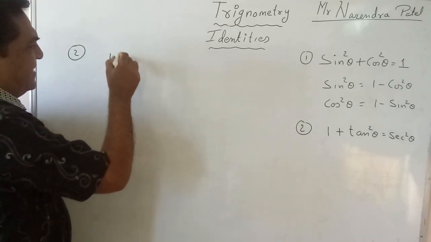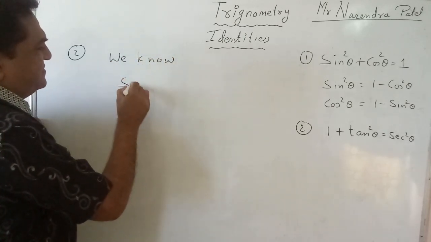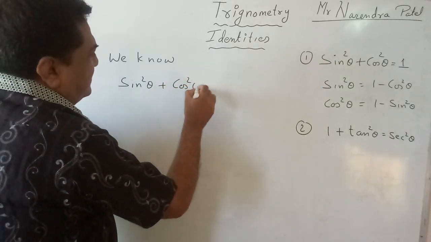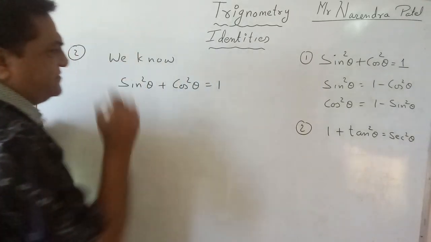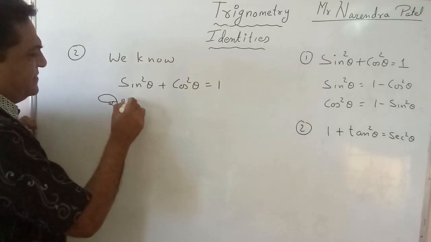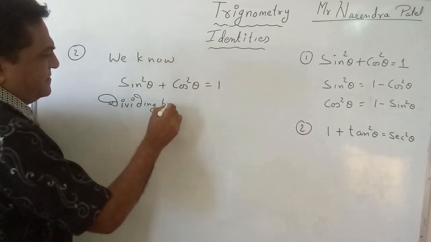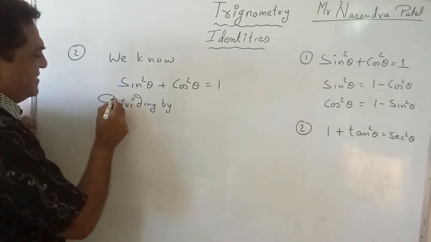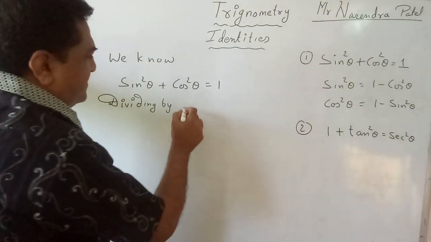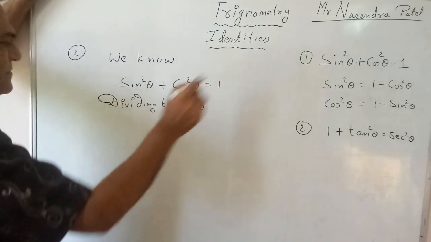We know that sin square theta plus cos square theta is equal to 1. This you know. Now dividing by cos square theta. I have divided all the terms by cos square theta.